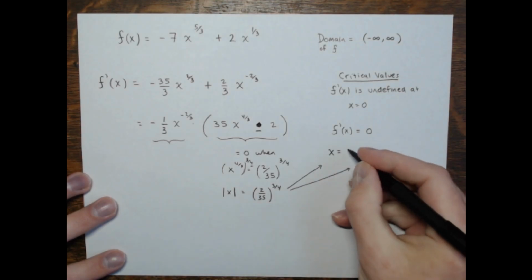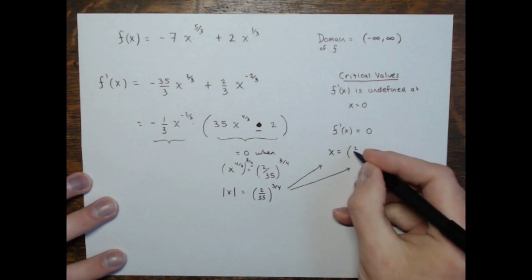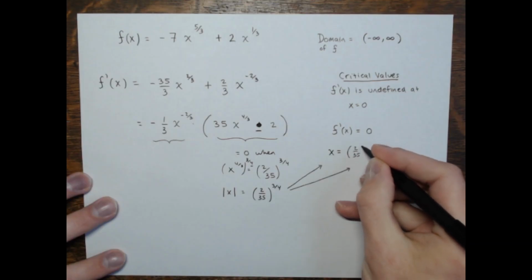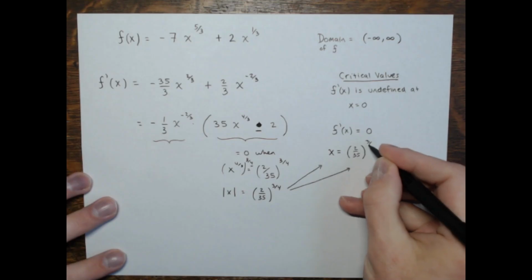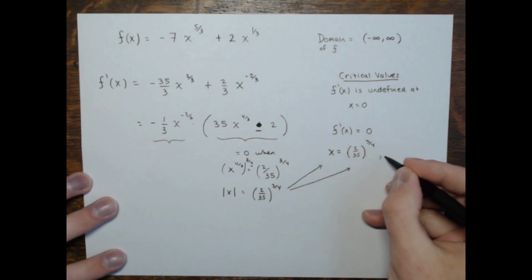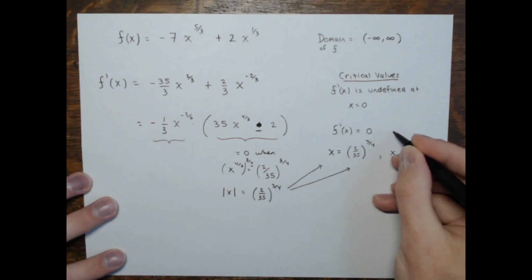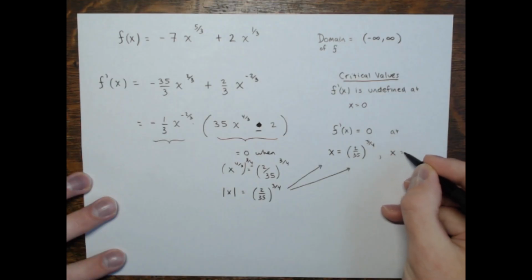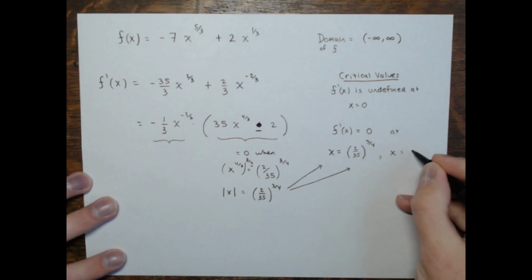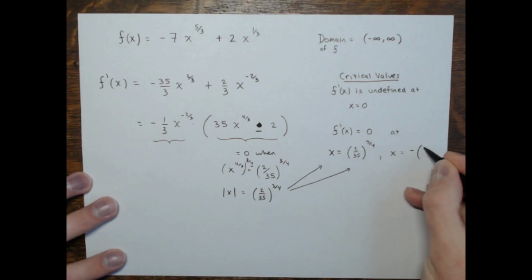One is positive 2/35 to the 3/4 power, and the other one is the opposite of that, the opposite of 2/35 to the 3/4 power.